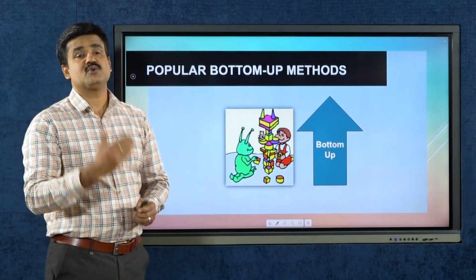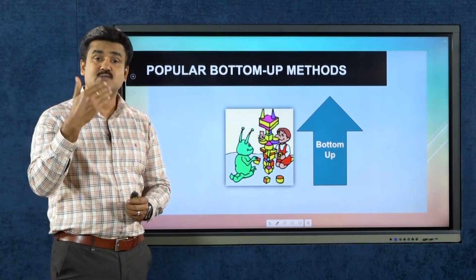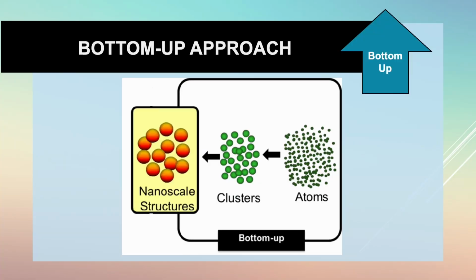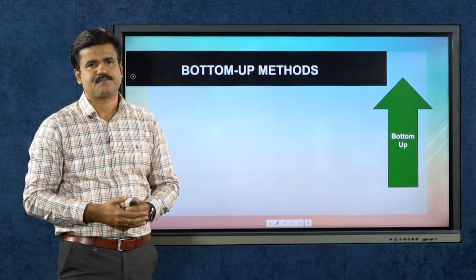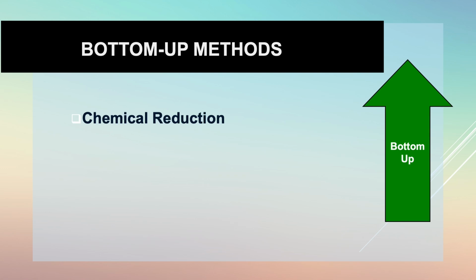We have to consider several bottom-up methods. There are so many top-down methods. Similarly, in bottom-up methods, there are also several different kinds of methods. And in this part of the discussion, we are focusing on popular bottom-up methods. The popular bottom-up methods include chemical reduction.